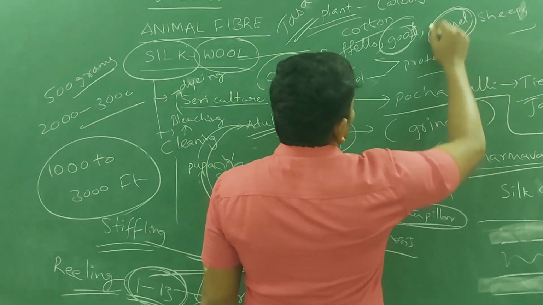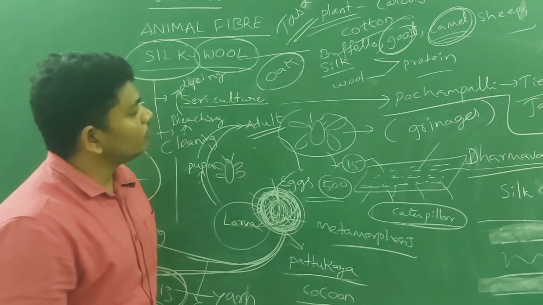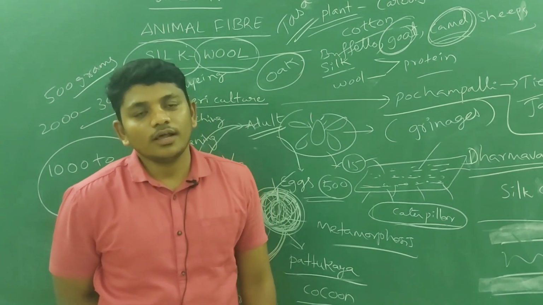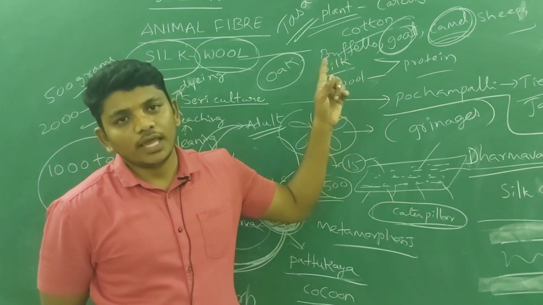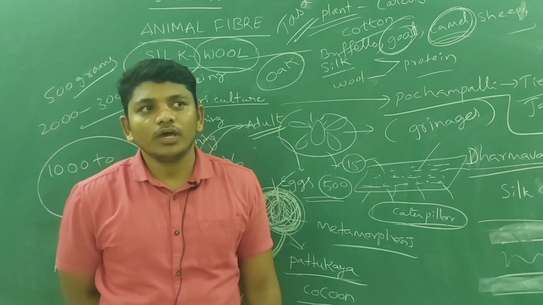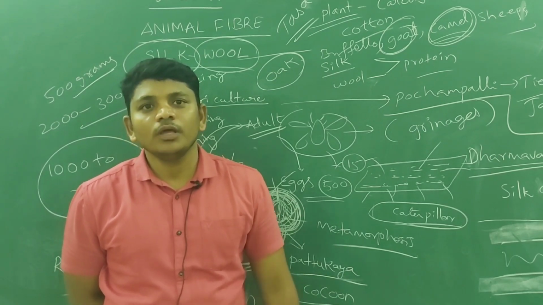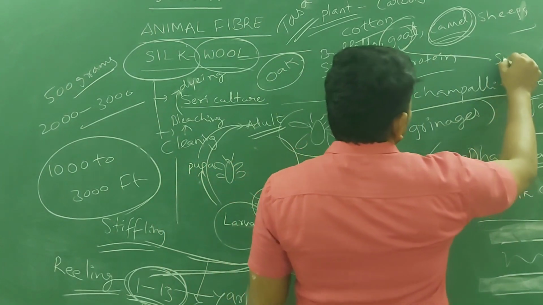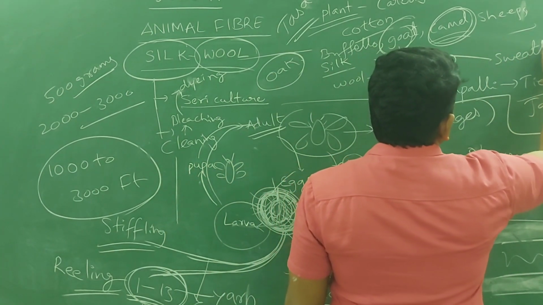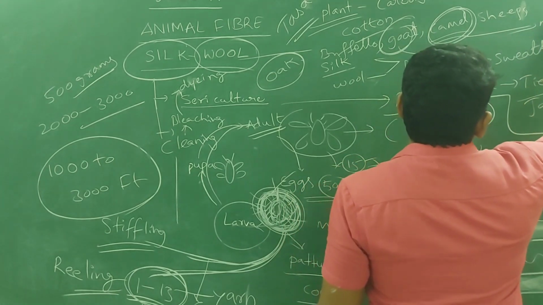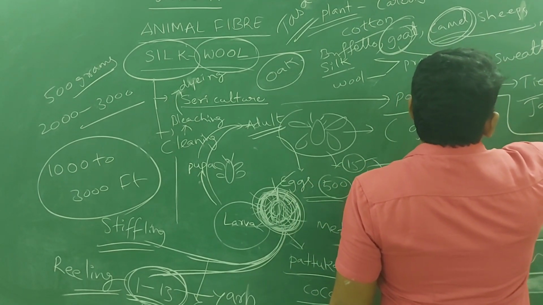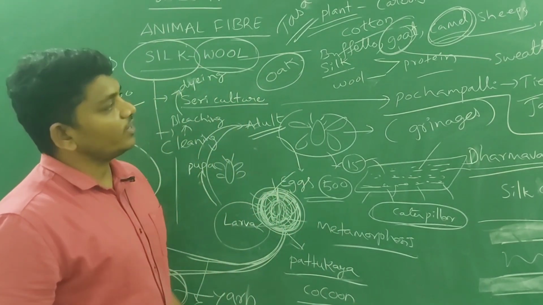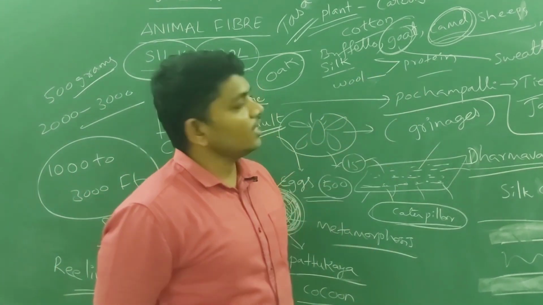And when we talk about camels, camels are most famous in Rajasthan. With the help of camel's wool, we can produce mufflers. So camel's wool is for mufflers and goat's wool is for sweaters.